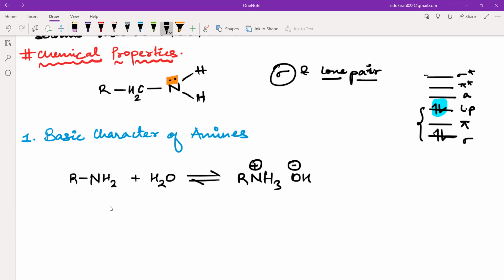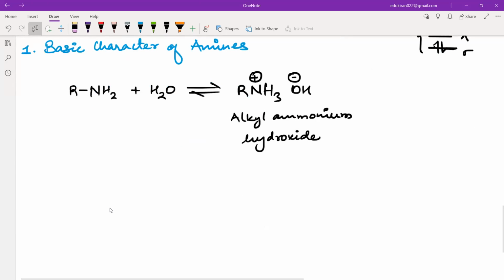This is known as an alkyl ammonium hydroxide. For example, if R is methyl, it will be methyl ammonium hydroxide. You can see that it increases the amount of OH negative in the solution, and hence it acts as a base.